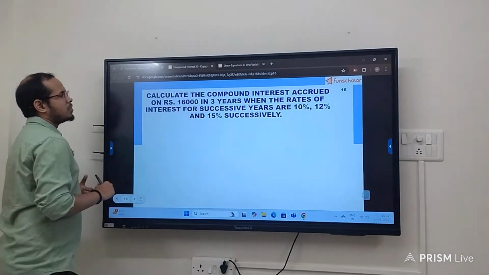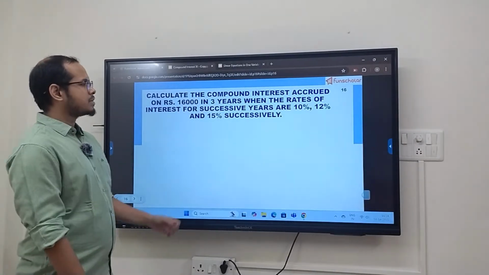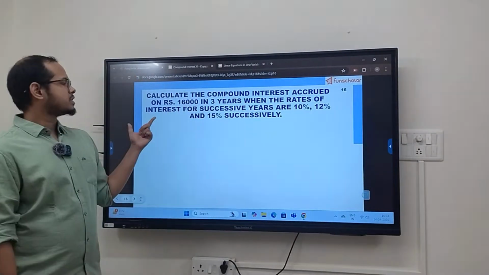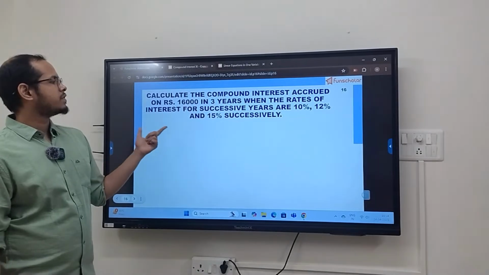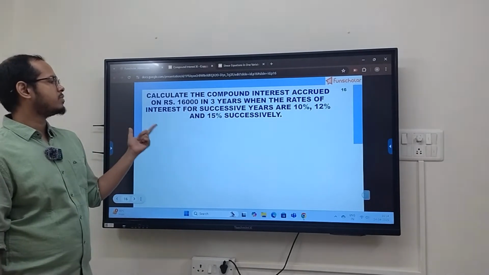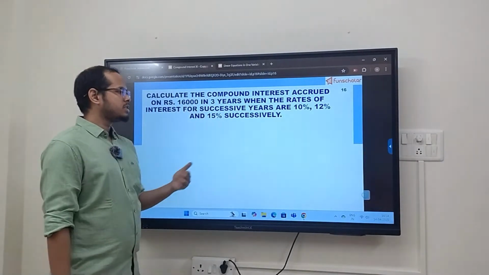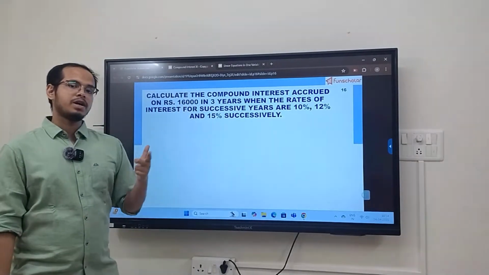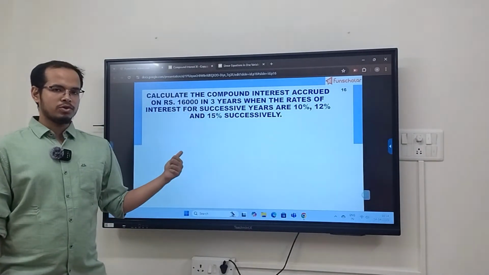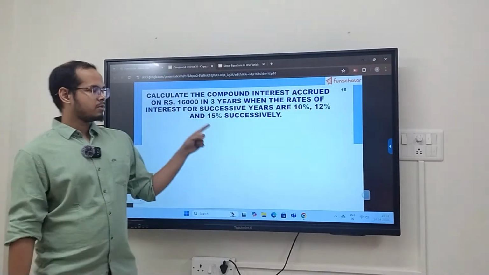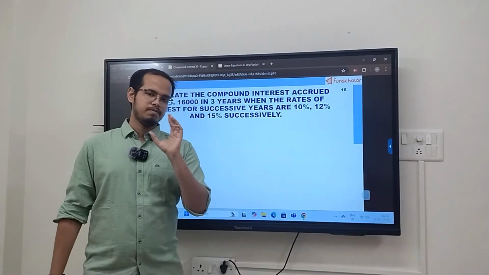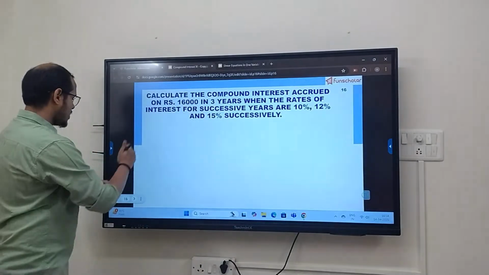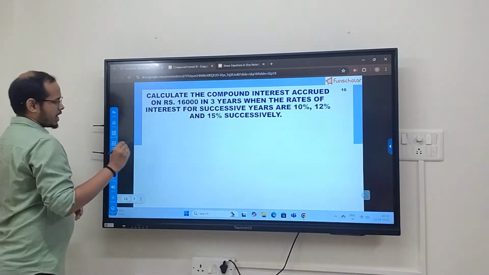Let's move on. Now calculate the compound interest accrued on rupees 16,000 in 3 years when the rates for different successive years are 10, 12 and 15%. I want you guys to do this sum and write the answer in the comment portion. This type of sum I have already done. Let me show you the first step. I am going to write the amount directly.